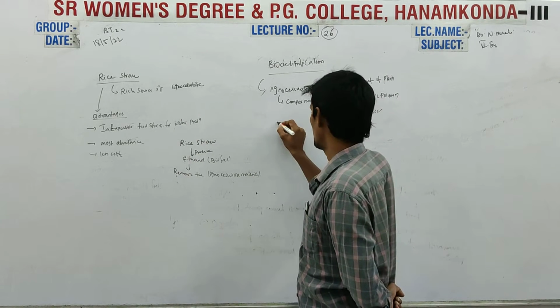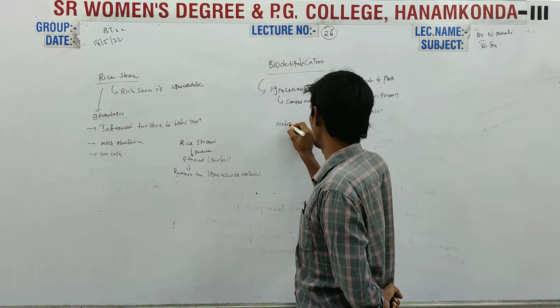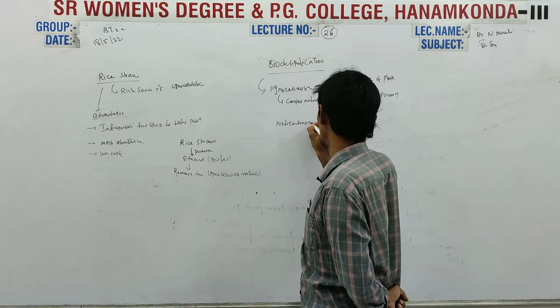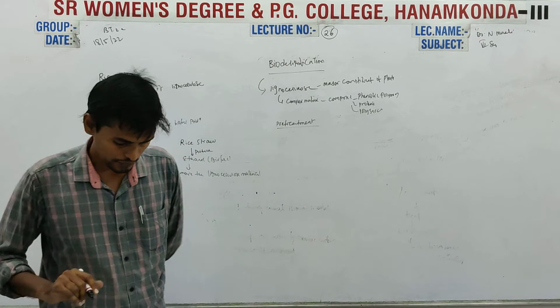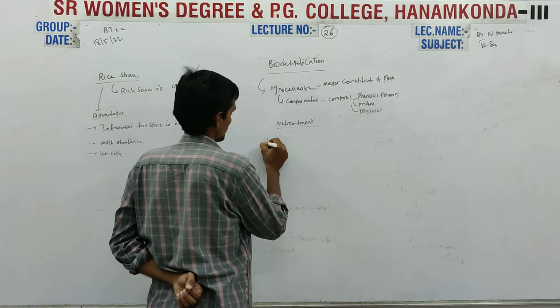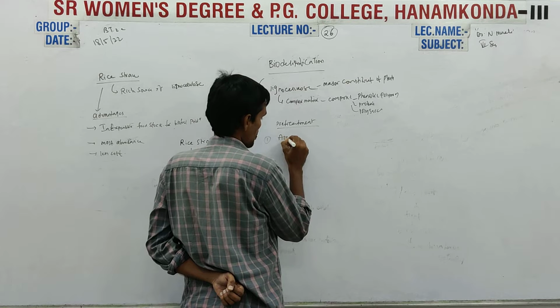So there is a pre-treatment. The rice straw has to be pre-treated. The first one is alkaline treatment.